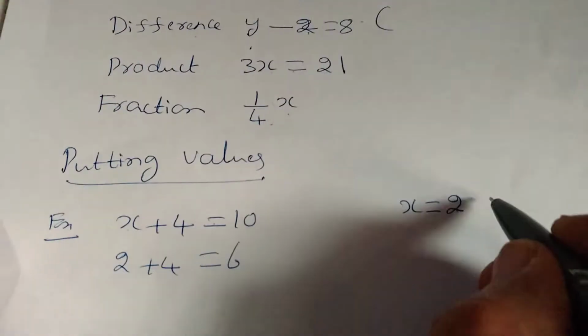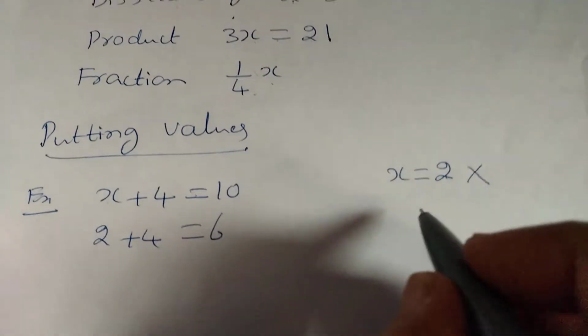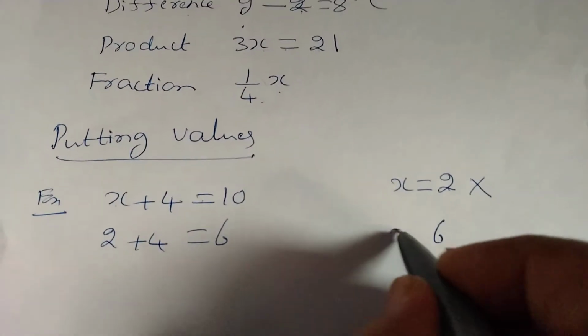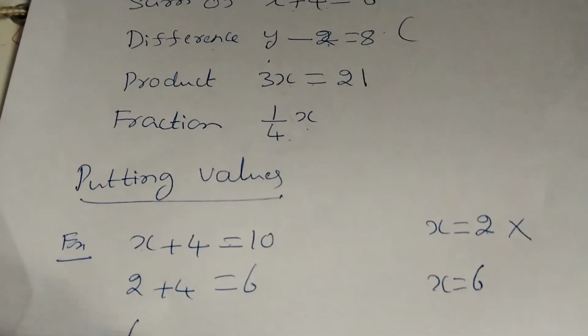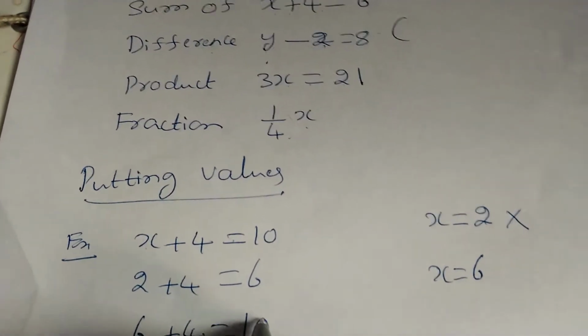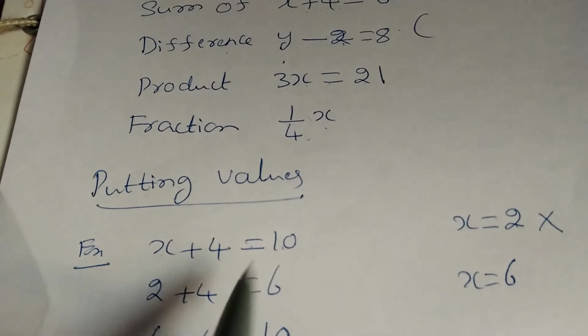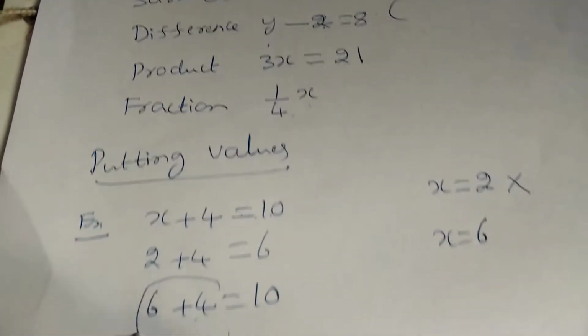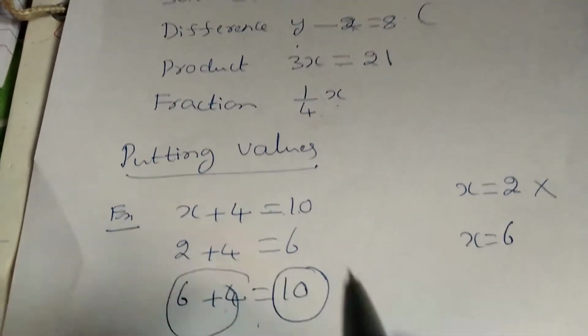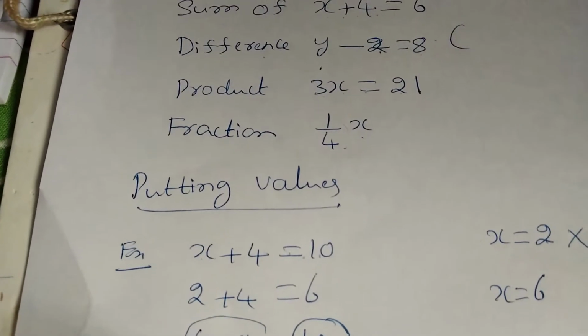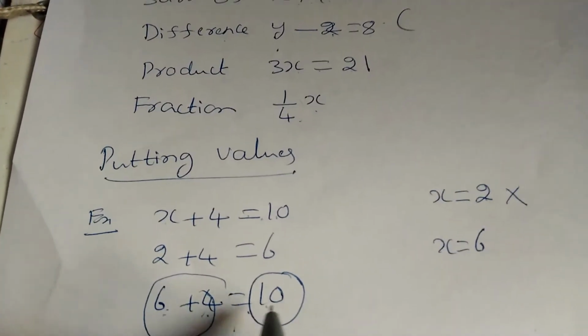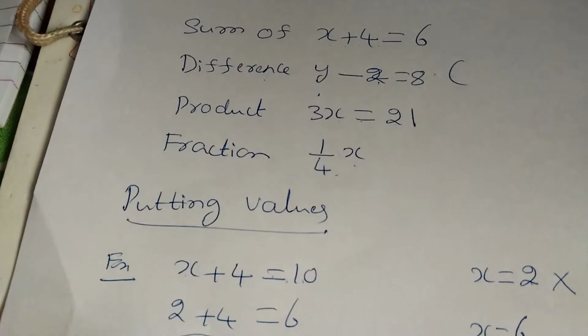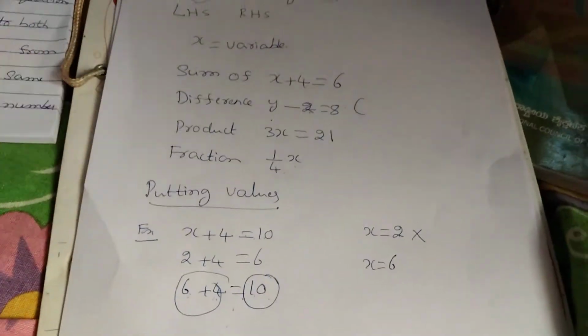Is it right? No, it is wrong. Next I give the value 6 for x. 6 plus 4 is equal to 10. So the left hand side and right hand side are equal, that is, in this equation LHS equals RHS. Then the equation is correct.